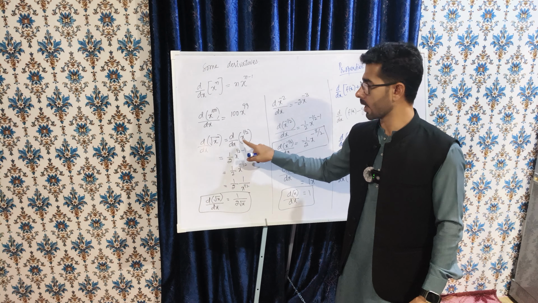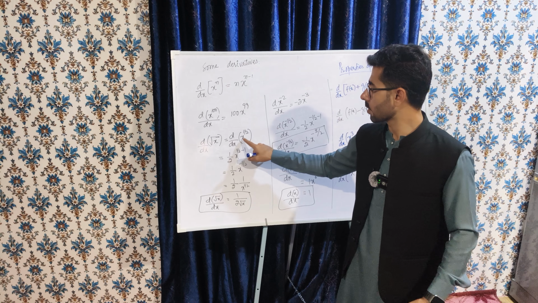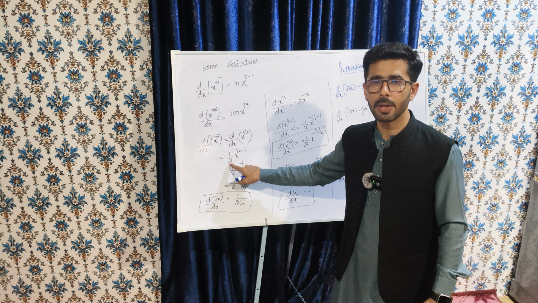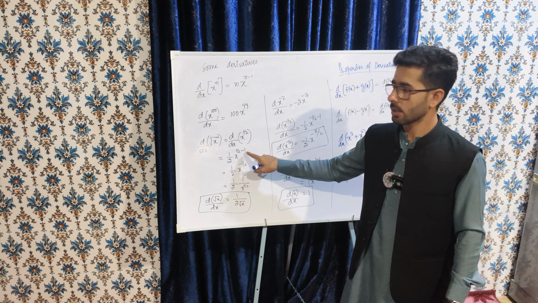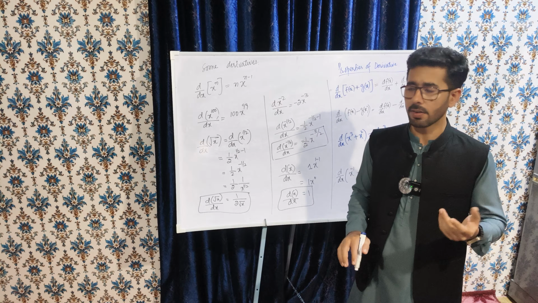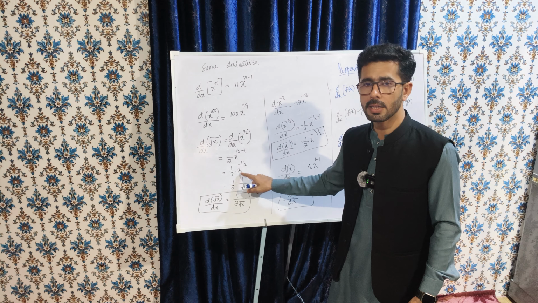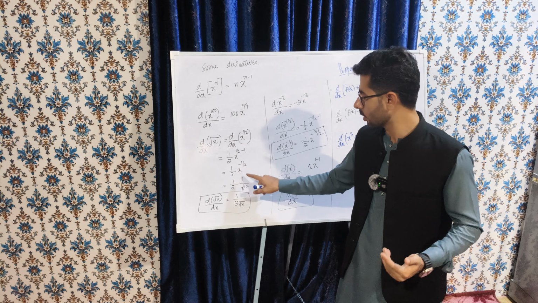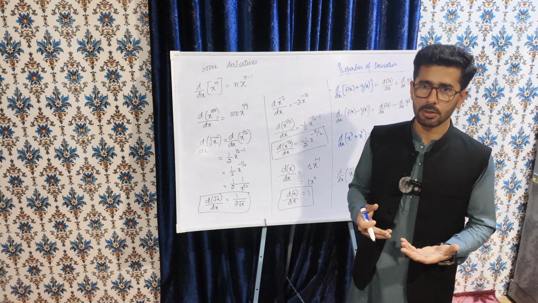Now we discuss the derivative of square root of x. We know the square root of x is the same thing as x power 1 upon 2, or x power half. So this half will be multiplied and the new power will be x power 1 upon 2 minus 1. If you subtract 1 from 1 upon 2, you will have negative half. So 1 upon 2 times x power negative half. If you bring the x power negative half into the denominator, you will have x power positive half, because the negative power will convert into positive power.